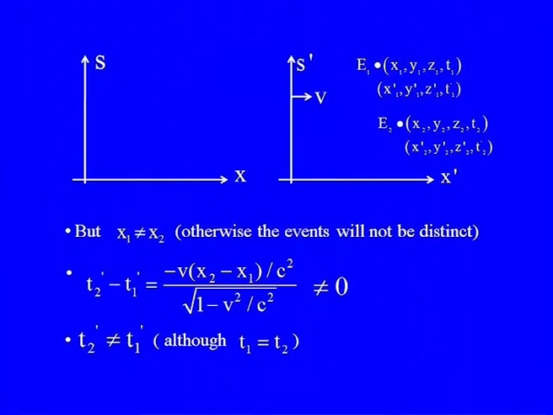That would mean that the difference of measured times of these two events in the prime frame is not 0, because none of the quantities here are 0. So what we get is that the measured times in the S prime frame need not be the same, even if the measured times are the same in the S frame.